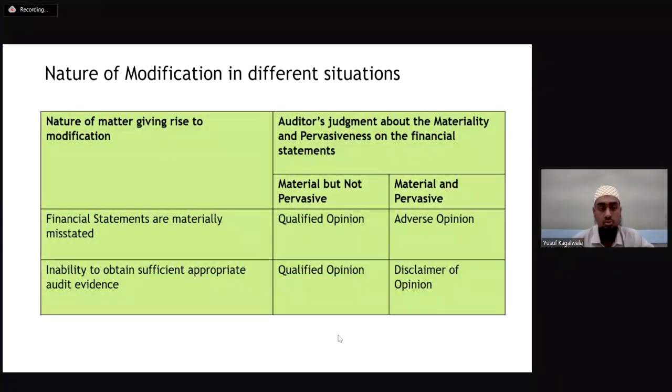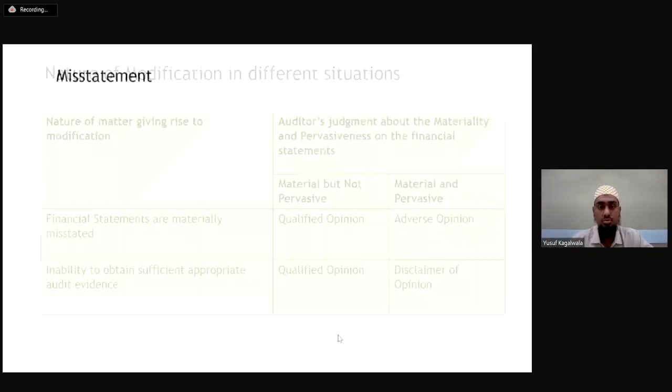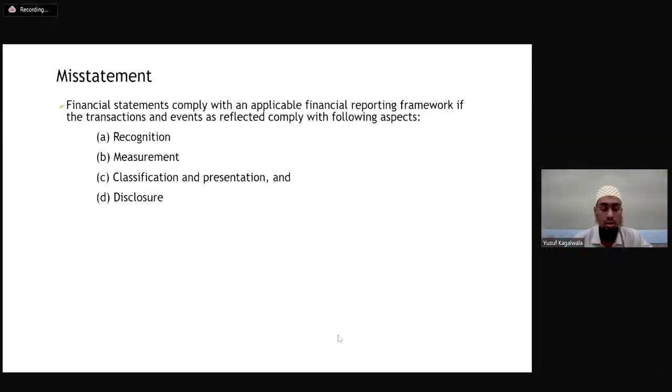There are 2 points. One is a material misstatement, and the second one is the pervasiveness of the impact. If the financial statements are materially misstated, I will take it up: when financial statements are prepared as per any applicable financial reporting framework, there are certain aspects which we need to check. The compliance is checked.